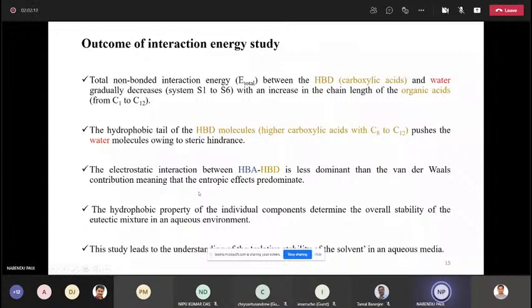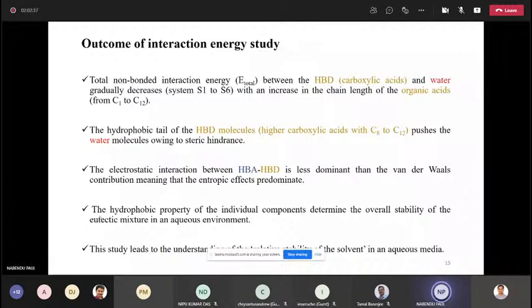The fourth one is that the hydrophobic property of the individual components determines the overall stability of the eutectic mixture. What does that mean? For having a proper hydrophobic eutectic solvent, you need both HBA and HBD to have strong hydrophobic properties. Otherwise, the eutectic solvent will get disrupted in contact with water.